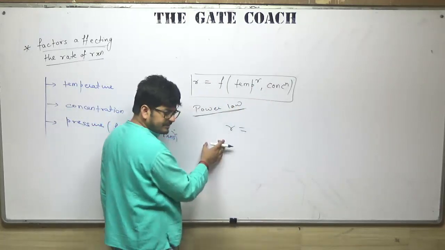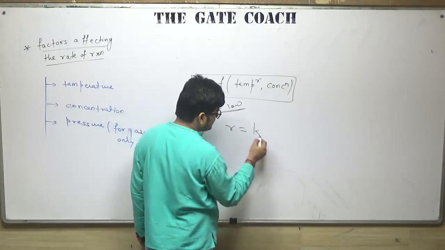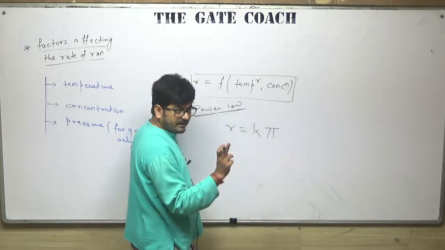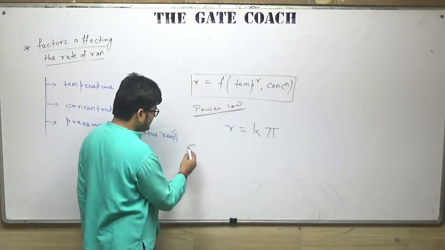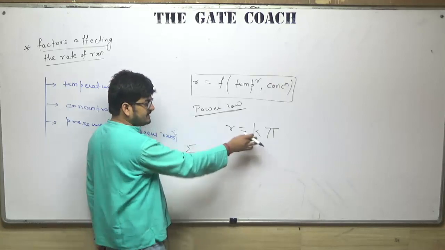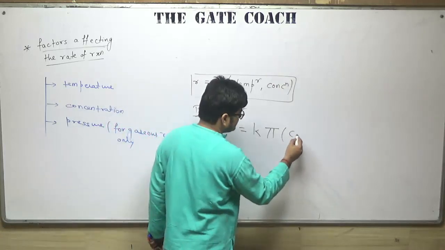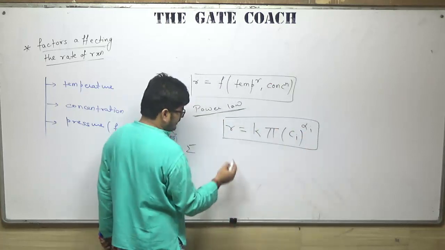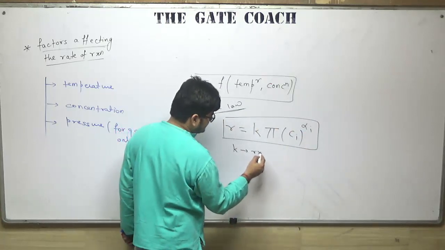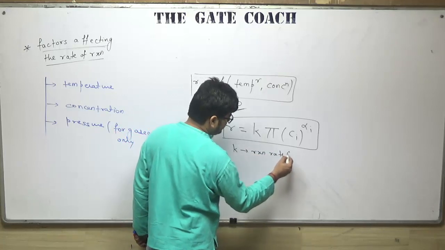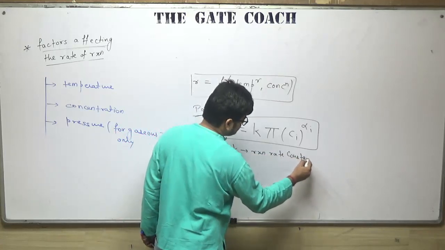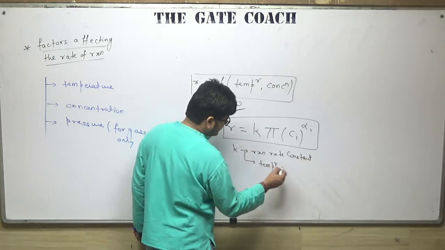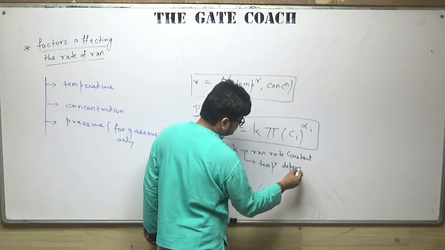R, that is rate of reaction, is equal to K times the product summation, not pi, this is product summation, not addition summation, of Ci power alpha i, where K is known as reaction rate constant, which is the temperature dependent term.